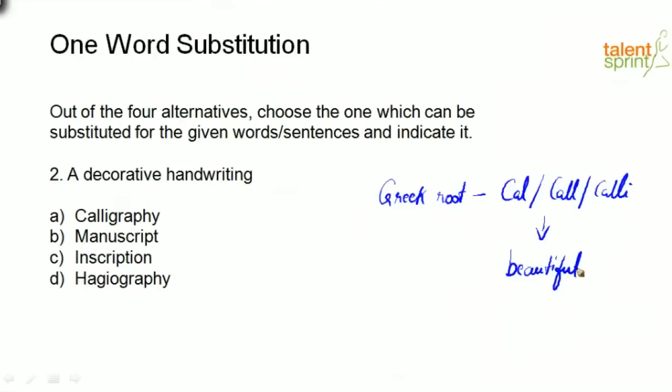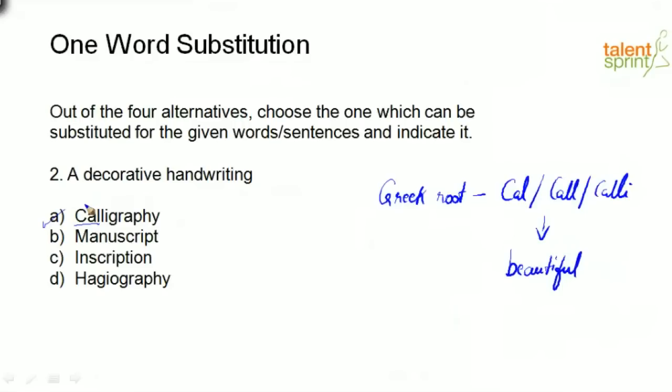So just the knowledge of this Greek root word, C-A-L or C-A-L-L or C-A-L-L-I, and knowing that it means beautiful, right? A decorative handwriting. So the art of fine handwriting, especially beautiful handwriting, which is considered as an art, that is called a decorative handwriting. Calligraphy, right?